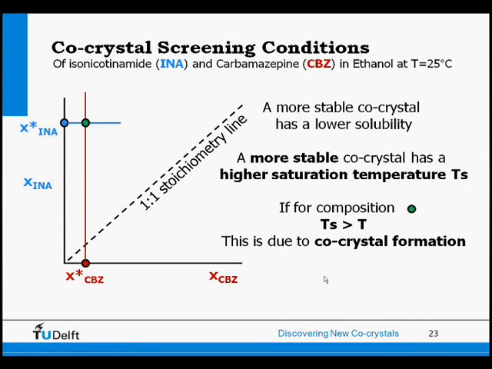So we make a sample of the green point, and then measure the saturation temperature. And if this saturation temperature is higher than 25 degrees, we have a strong indication that co-crystals exist of isonicotinamide and carbamazepine.